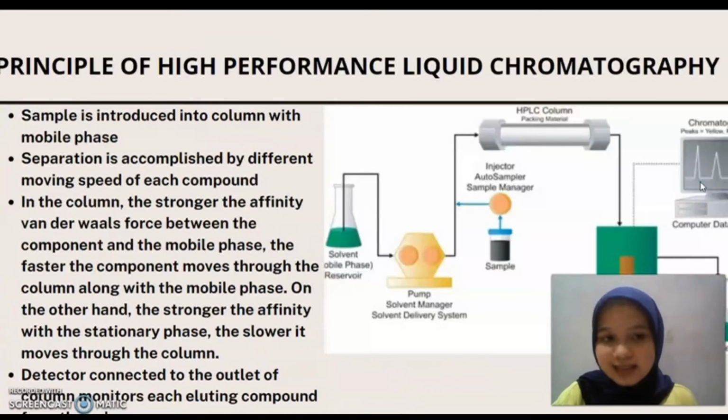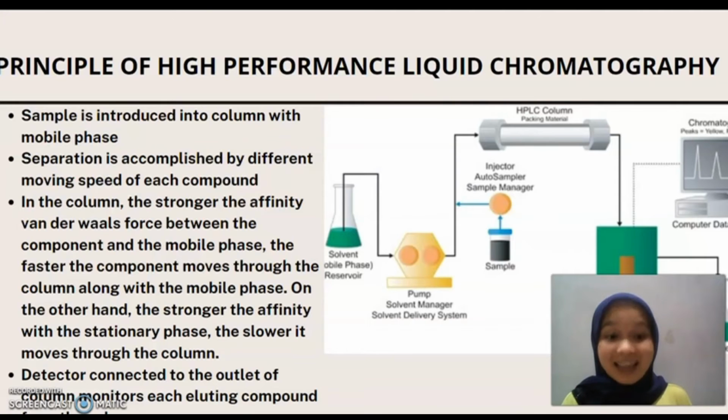Let's see how high-performance liquid chromatography works. First and foremost, the sample is introduced into the column with the mobile phase. Next, separation is accomplished by the different moving speed of each compound. For your information, in the column, the stronger the affinity or van der Waals force between the component and the mobile phase, the faster the component moves through the column along with the mobile phase.